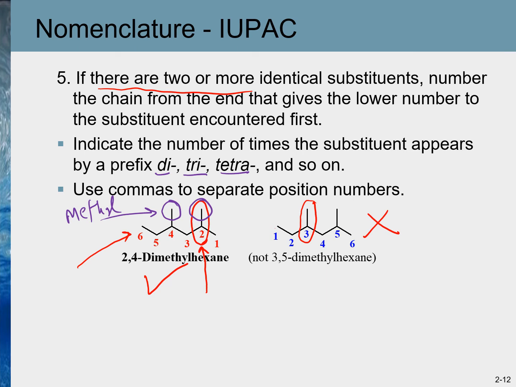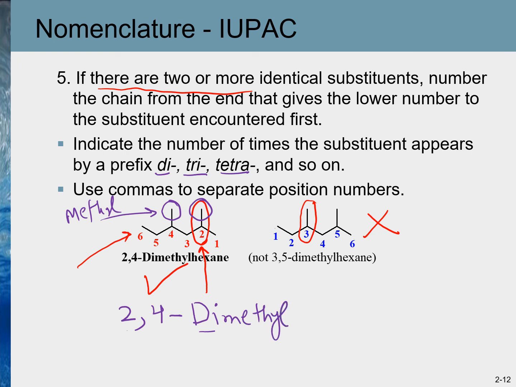So in this case, we have 2 methyl groups, and the first methyl group is at number 2 carbon, comma, the second methyl group is at number 4 carbon. That's it, we have only 2, then hyphen, and because we have 2 methyl groups, we use dimethyl. Dimethyl means 2 methyl groups.